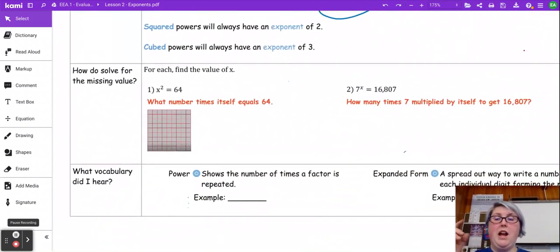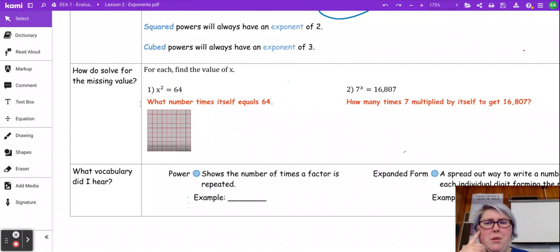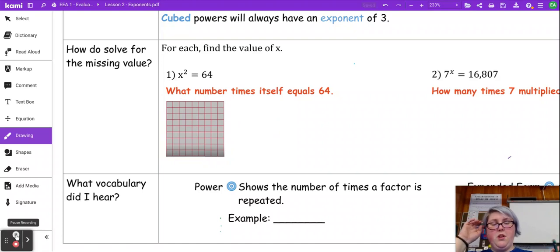So now, how do we solve for a missing value? We know when we see an exponent, it means that number multiplied by itself. But what happens when we either don't know the number or we don't know the exponent? We want to know what number times itself equals 64. Well, if we do 2 times 2, that's 4. Well, it's not 64. If we do 4, that's 16 of the boxes.